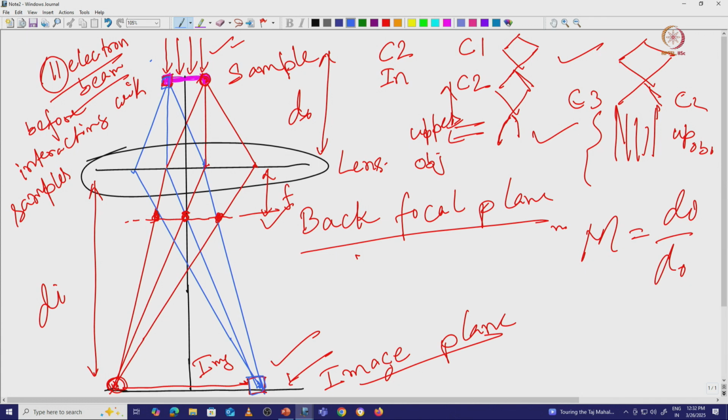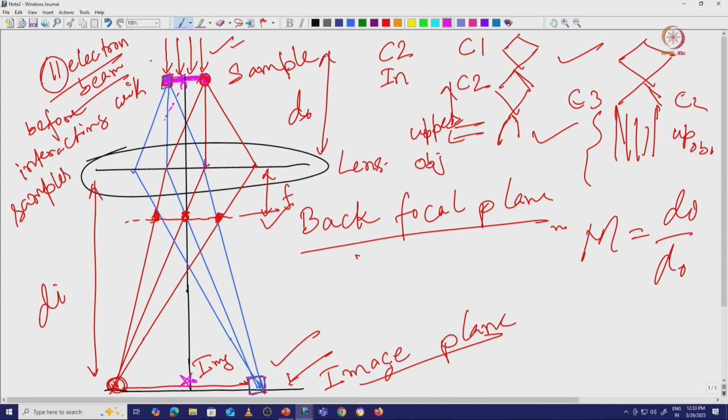Now, if we have this star here, rays will come from the star, and the star will appear here. In the same way, all the 3 rays will come. One ray will come here, one ray will come here, and the other ray will come in this direction.